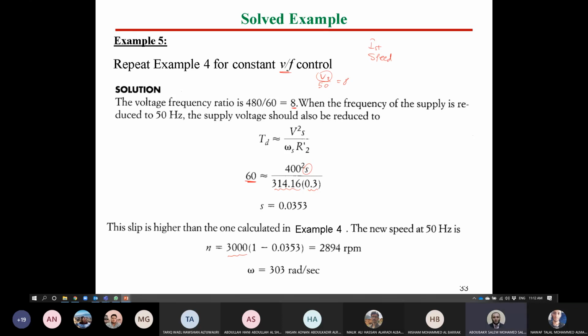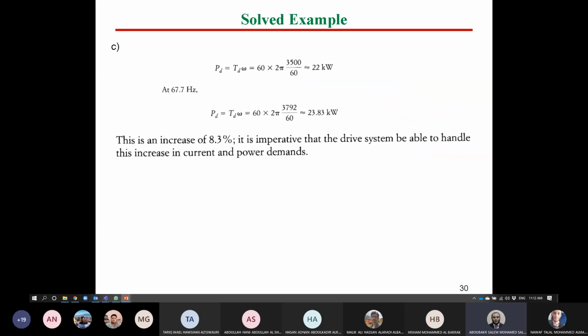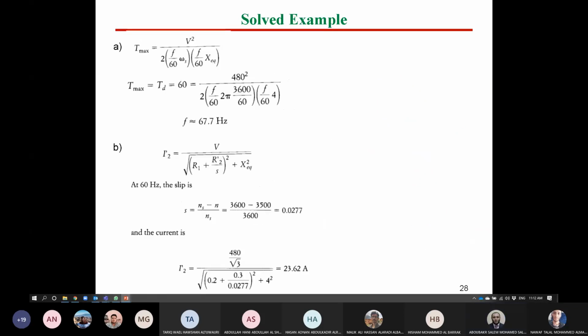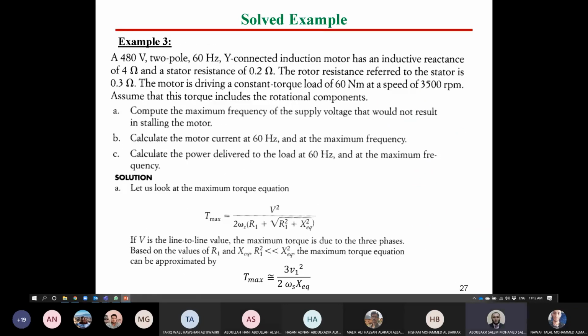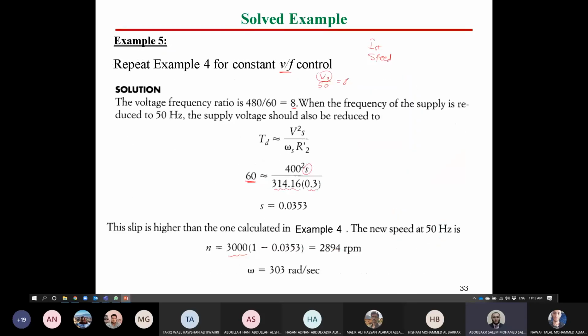Comparing this value, actually we don't have the value for 60 hertz here, but I believe we have it before in example 3. With the same data, the speed was 3500. So the speed at 60 hertz rated voltage was 3500. Now, after reducing voltage and frequency, as you can see, the speed is reduced to 2894.